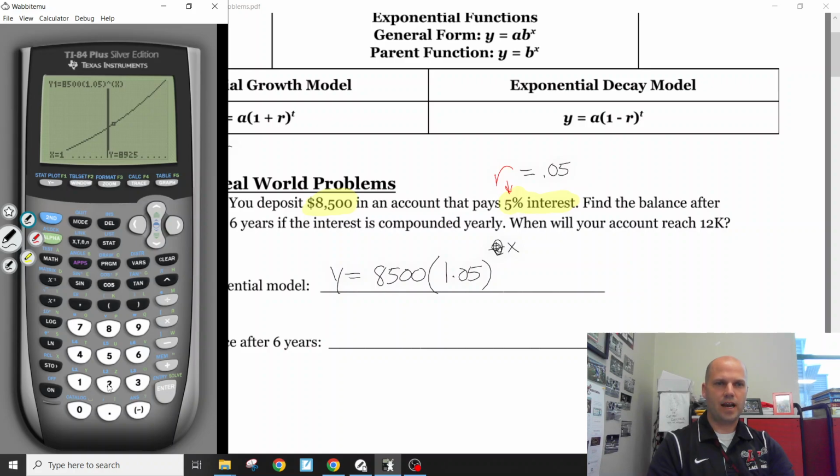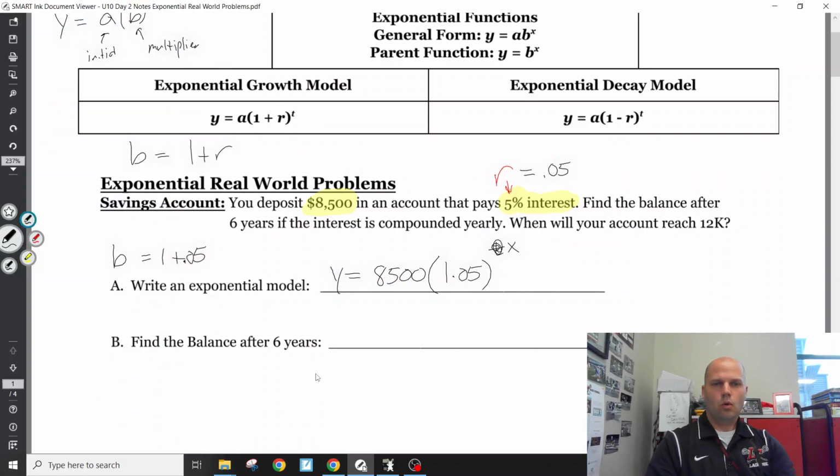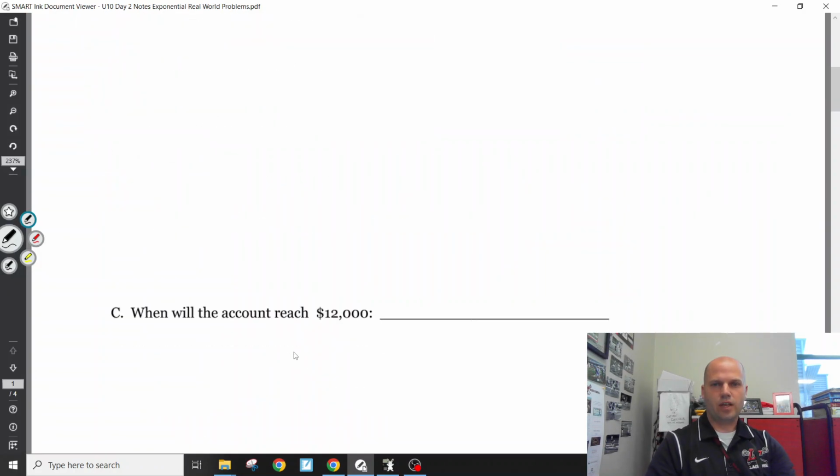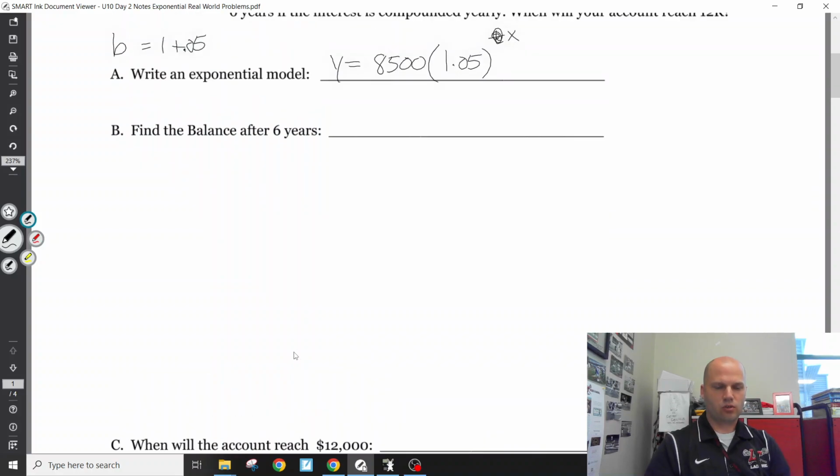After 1 year, you're at 8,925. After 2 years, you're at 9,371.25. And the question is like, what are we going to have after 6 years, and when will our account reach $12,000? Well, that creates kind of two equations that we have to find.